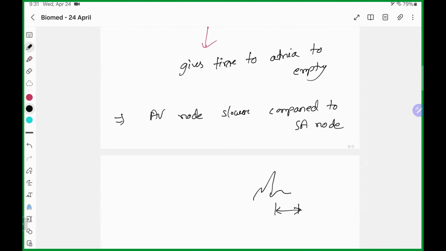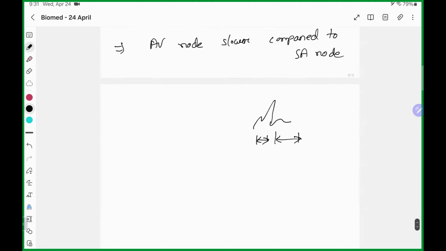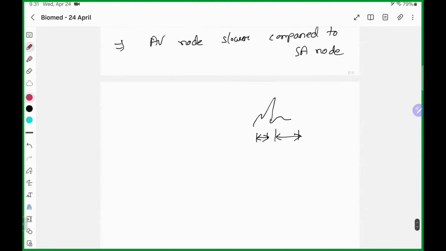This one has more time, and this is comparatively a very small time. So the SA node process is much faster, and the AV node is a bit slower. It takes some time. And any variation in this process will cause an abnormality. Any questions so far?